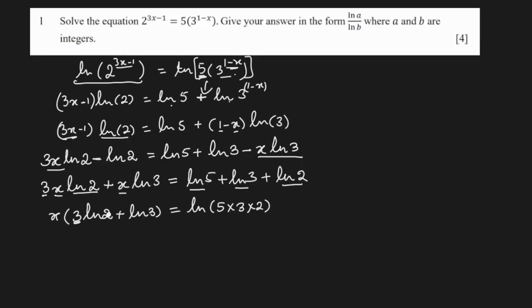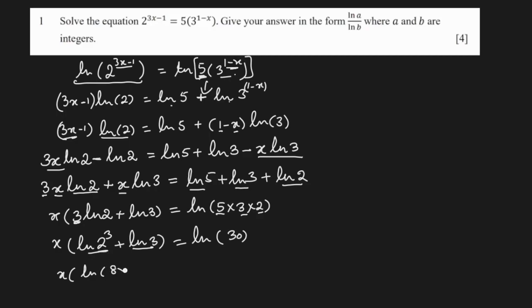Now this 3 will become an exponent of 2, so x ln 2 cubed plus ln 3 equal to ln of 5 times 3 is 15 times 2 is 30. Okay, they are also adding, so they will also multiply inside the natural log. So 2 cubed is 8 times 3 equal to natural log of 30.